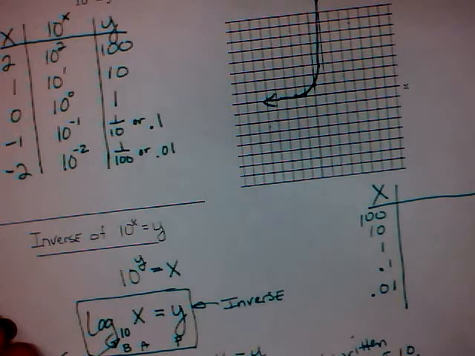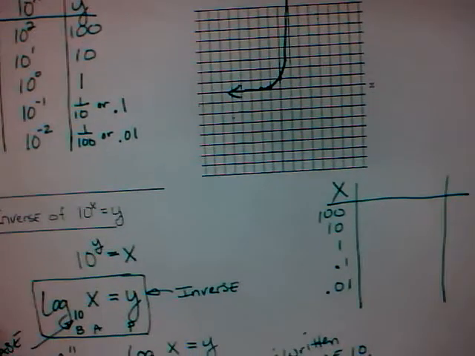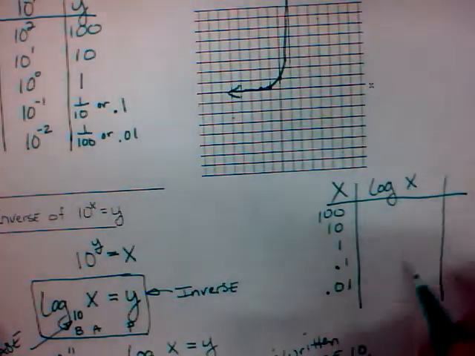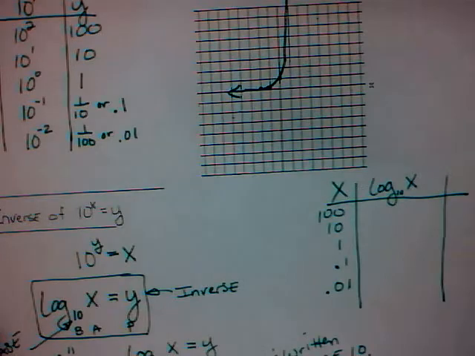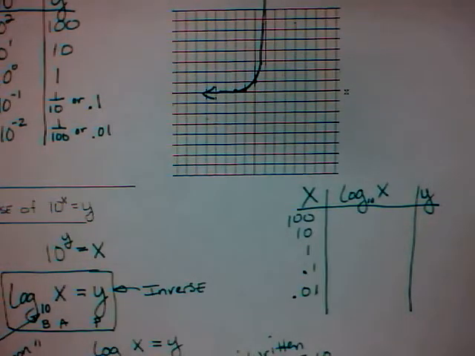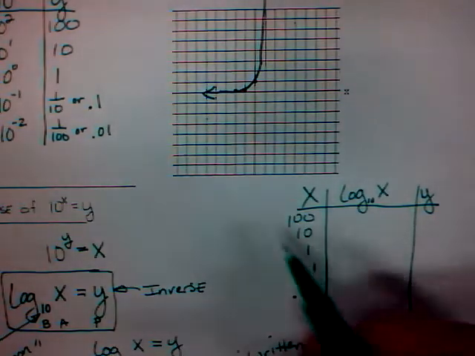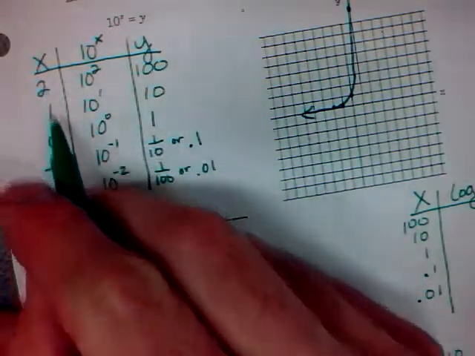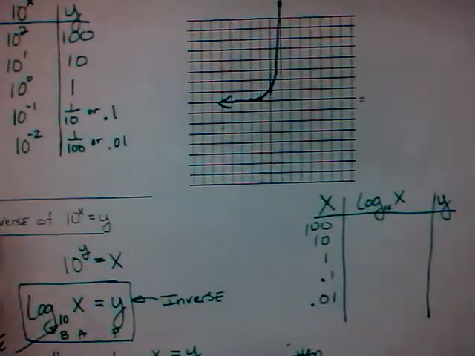Those are going to be our x values. Our inverse function, we know, is log of x. You could put the base 10 in there if you'd like; it's assumed to be base 10. And let's find out what our y values are. Now an inverse function should take these x values and turn them back into the original values that we had here. Okay, so let's see.